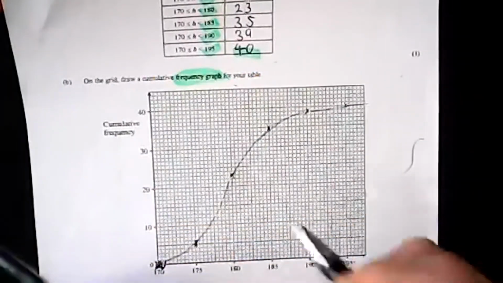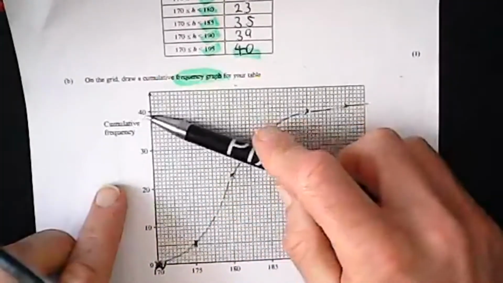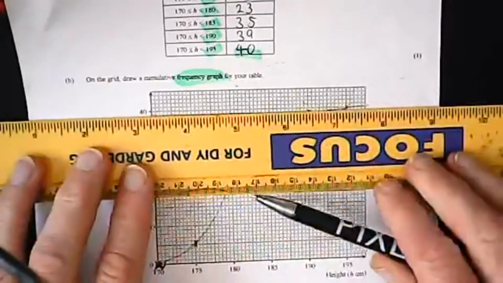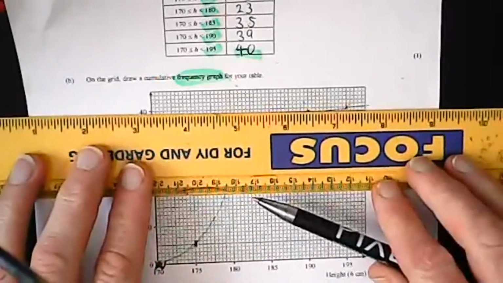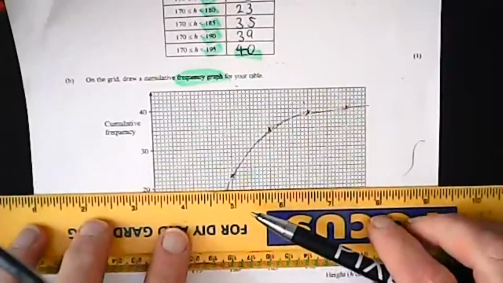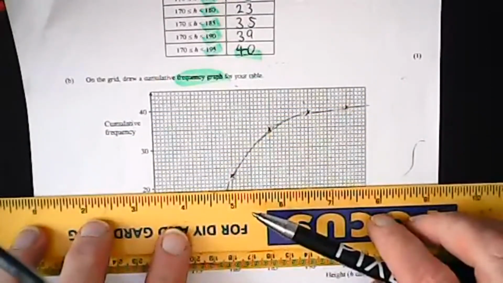Okay, best thing to do is start with the middle one, and we're looking at this cumulative frequency. This is how many people are in the survey. So there's 40 people in the survey. So finding the halfway point, the median, is at position 20.